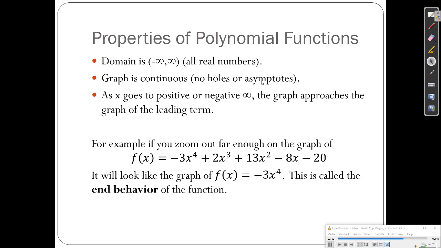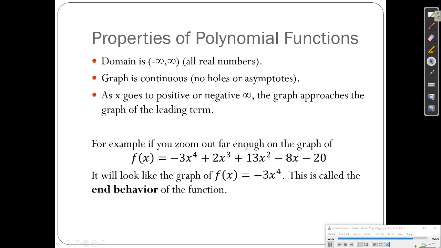And if you look at the ends of the graph, so as it goes off infinitely to the right or infinitely to the left, the graph will begin to look like the graph of the leading term.